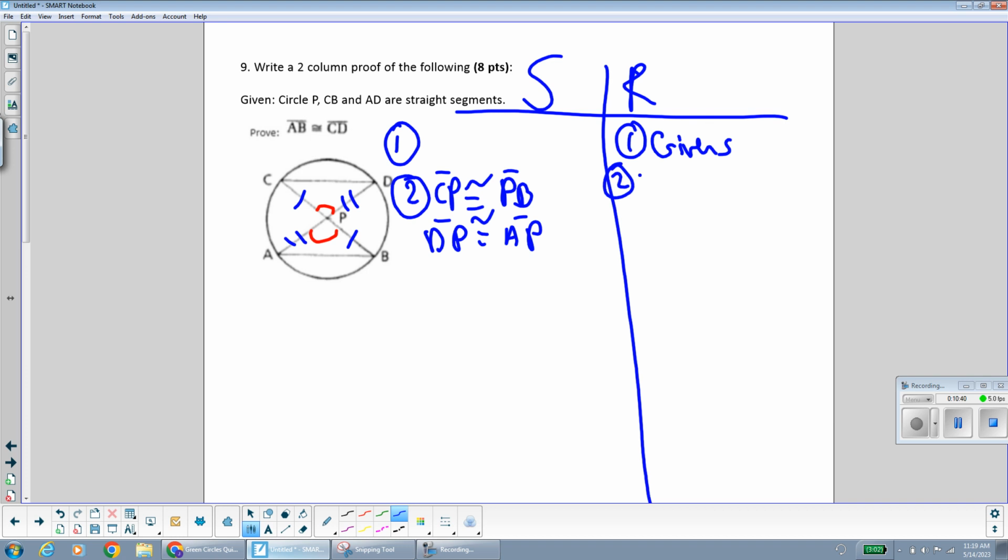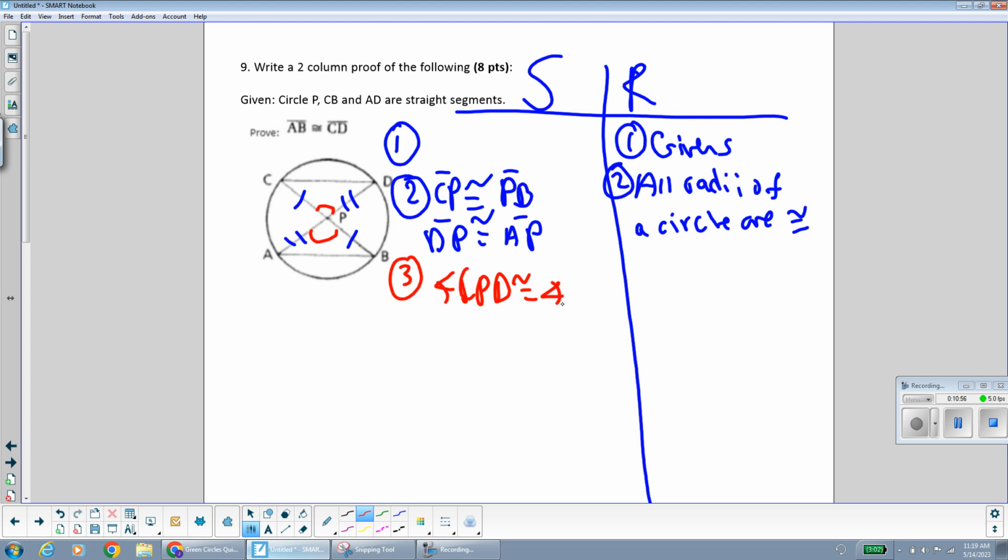And my reason is all radii of a circle are congruent. Angle CPD is congruent to angle APB. Intersecting lines form congruent vertical angles.